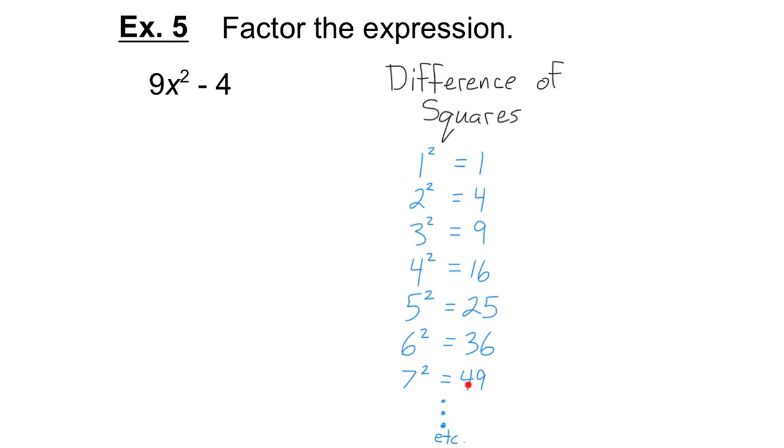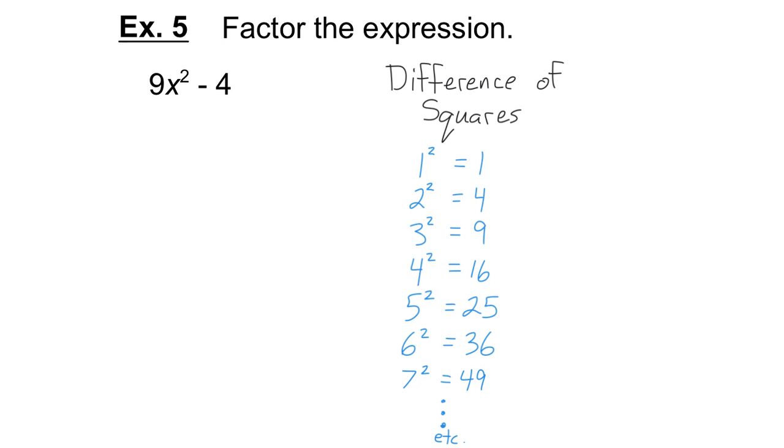So if you see any of these numbers, if you see a perfect square, which I see here and here, then I know I'm dealing with a difference of squares. They both have square numbers in both terms. X squared is also squared, obviously. So 9 is 3 squared, and 4 is 2 squared.